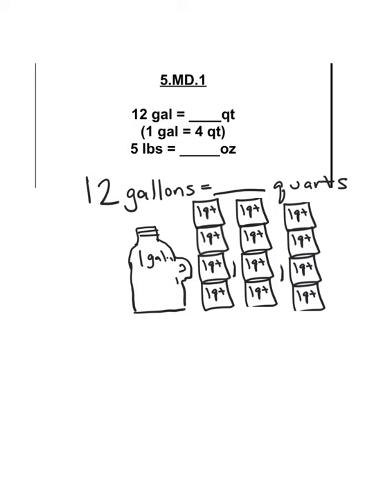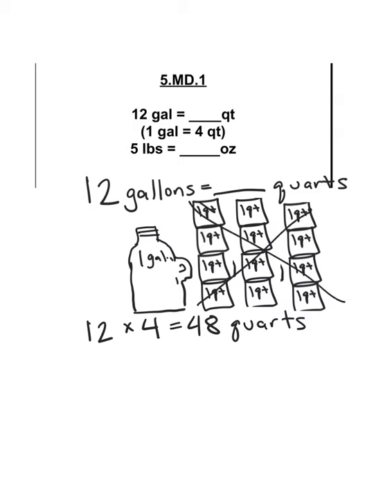So instead, I'm just going to take my 12 gallons times 4 quarts in a gallon, and that will give me 48 quarts. This is a perfectly acceptable way to solve it if you have a lot of free time on your hands. If you're a busy person like me, it's probably easier to multiply.